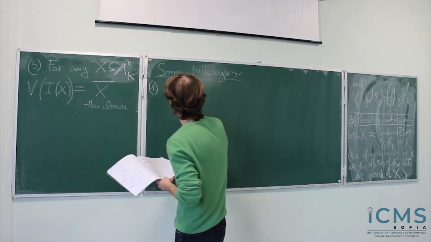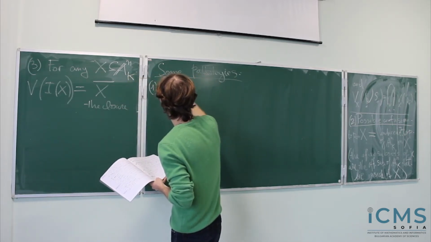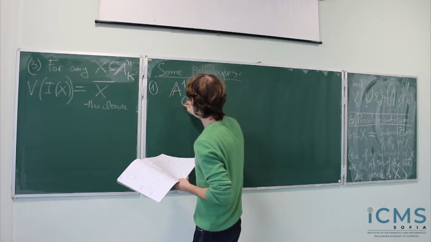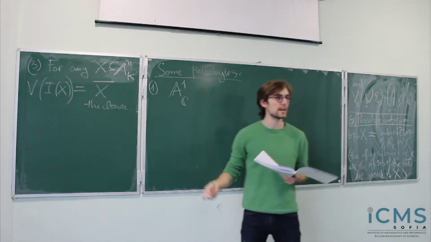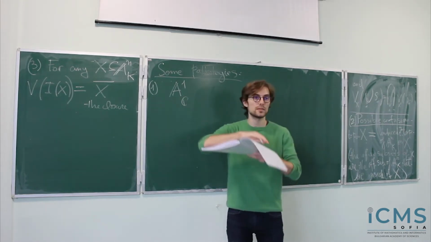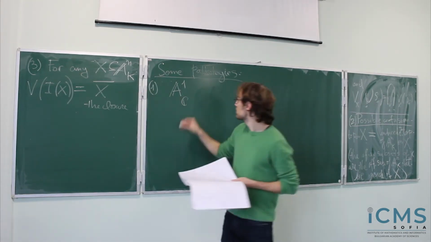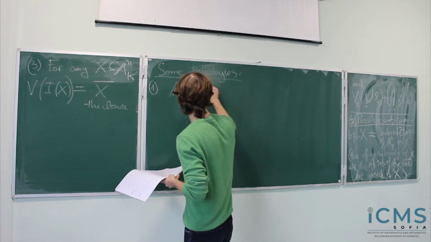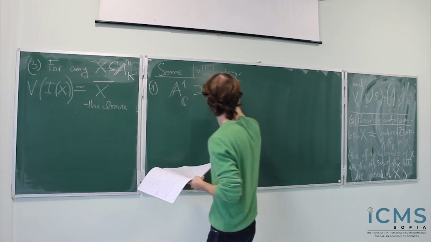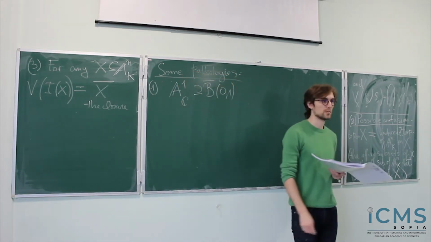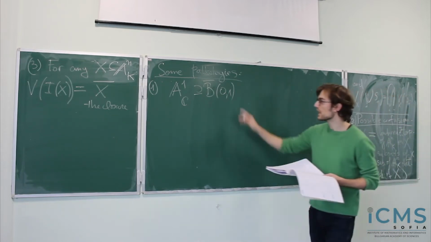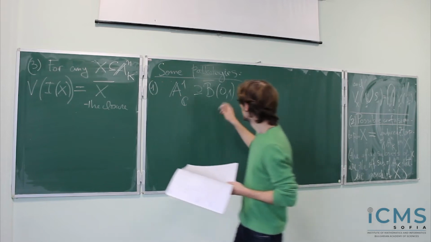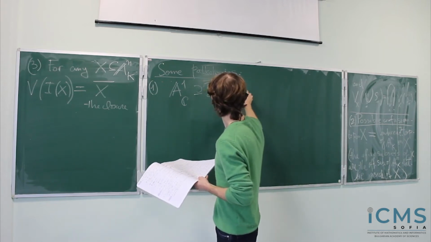So let's suppose that we have A1 of C. C has a Euclidean topology, and this is simply put C the line. So let's just consider the closed unit ball inside of A1 of C.